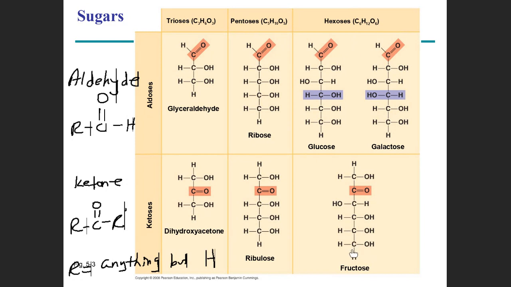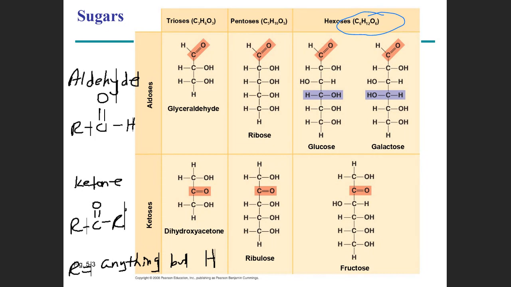They're all hexoses. They all have the same chemical formula. And this is a chemical formula you have to memorize. C6H12O6. So that is the chemical formula for all the monosaccharides, for all the hexoses.